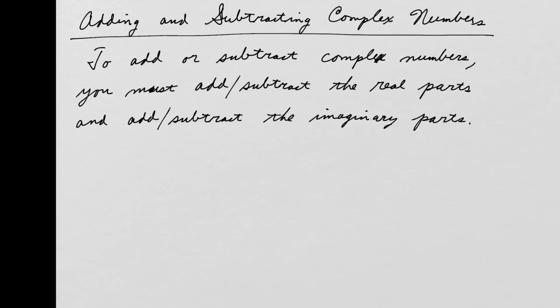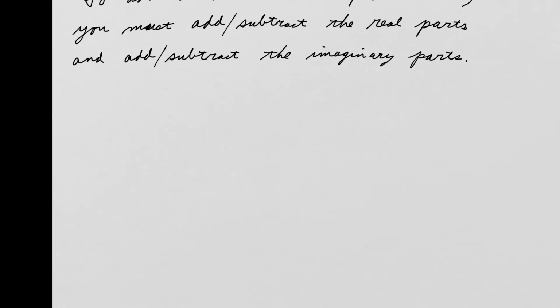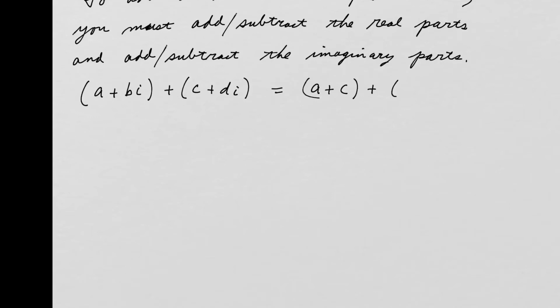Okay, so in general, you can think of it like this, right? So if I have a plus bi, let's say that's my first complex number, and I want to add it to c plus di, that's my second complex number. Well, the answer is I'm going to add the real parts, so I'm going to get a plus c, and then plus, I'm going to add the imaginary parts, b plus d i, and that's it.